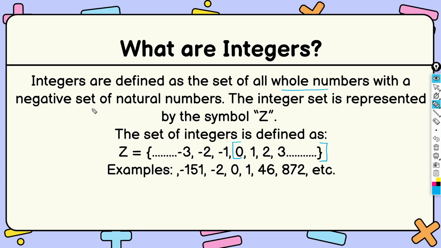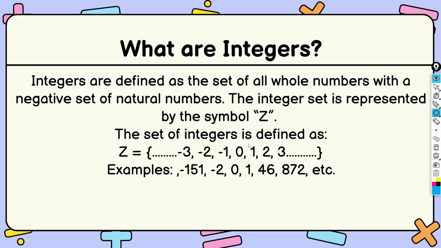Natural numbers are 1, 2, 3, 4, 5, etc. So, the negative set of natural numbers is minus 1, minus 2, minus 3, minus 4, minus 5 till minus infinity. Thus, the negative set of natural numbers plus whole numbers are called integers. Thus, integers are minus infinity to plus infinity, which you can count.